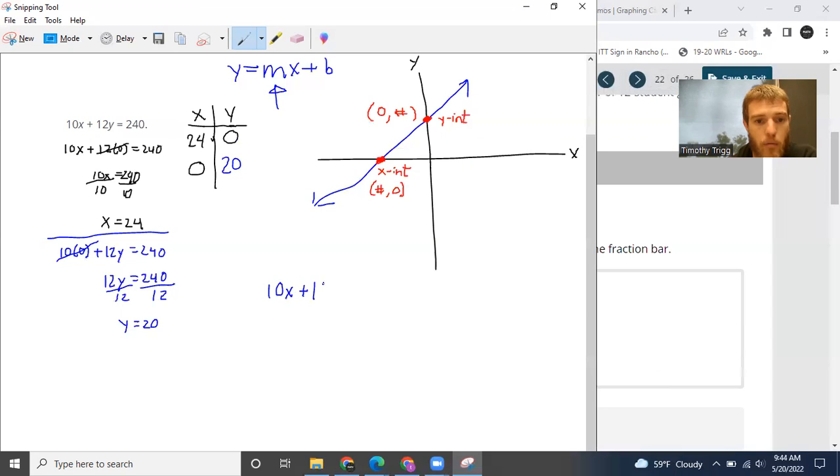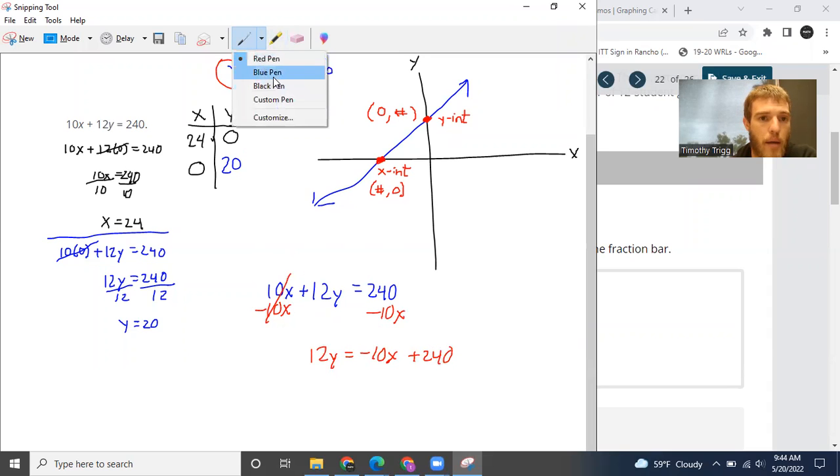10x plus 12y equals 240. My first step to help me get y by itself, again, I want to solve for y. To get y by itself, I'm going to subtract 10x on both sides of the equation. Remember, whatever you do on one side of the equation, you always do the same thing on the other side of the equation. So we have negative 10x plus 240.